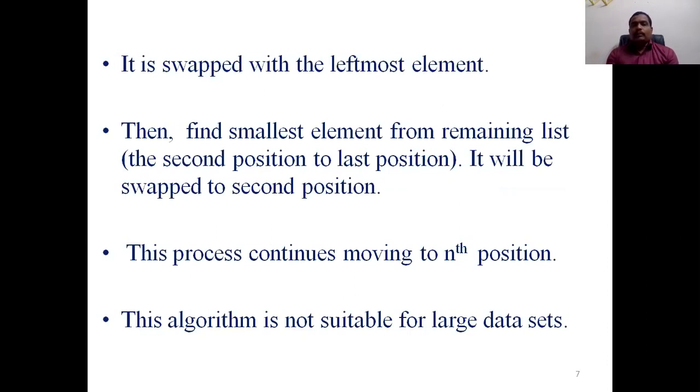Then it finds the smallest element from the remaining list, from the second position to the last position, and swaps it to the second position. Like that, for each position, the smallest value from the remaining values is swapped into place in this algorithm.